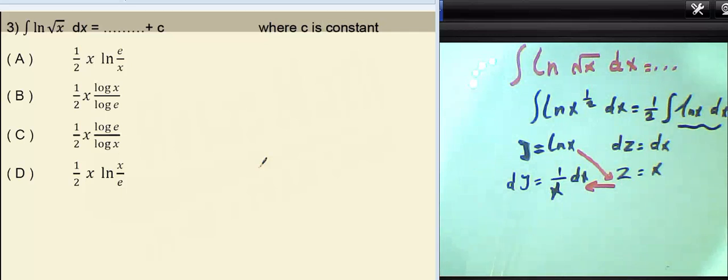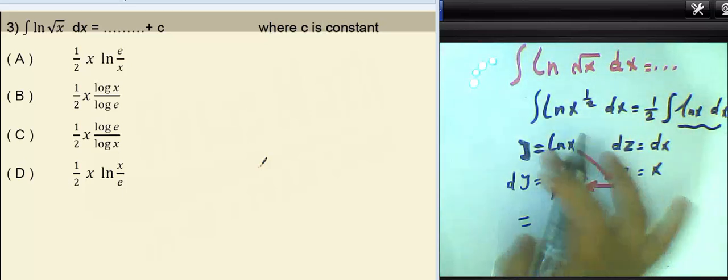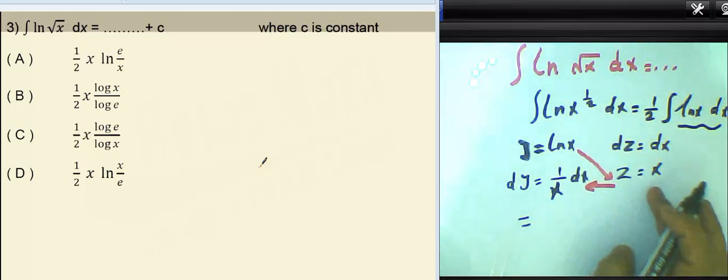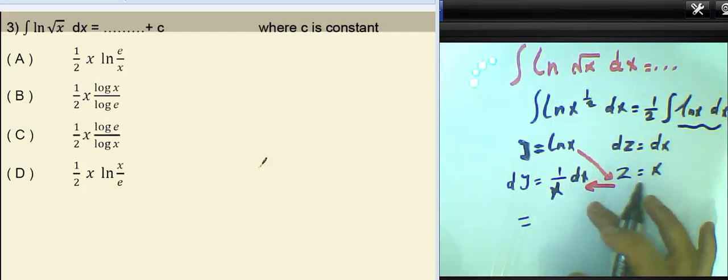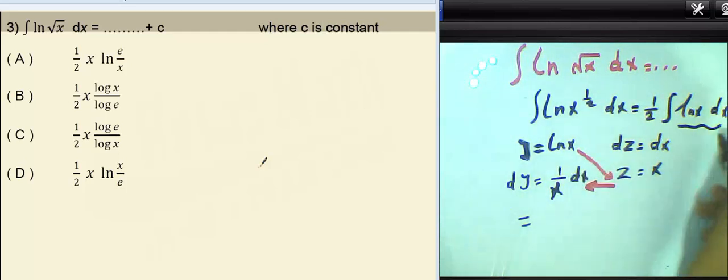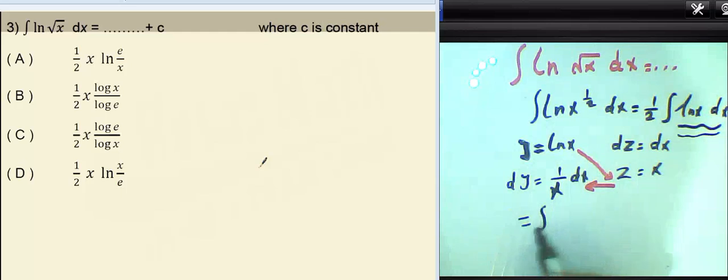Okay, then you can write that this integration will be equal to ln x multiplied by x. Look here, we have half outside, ln x dx.